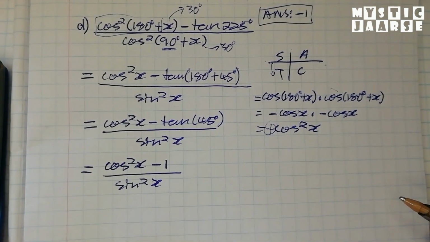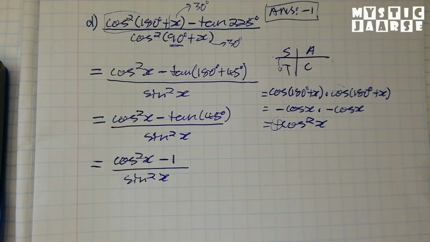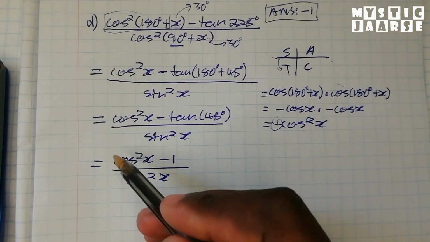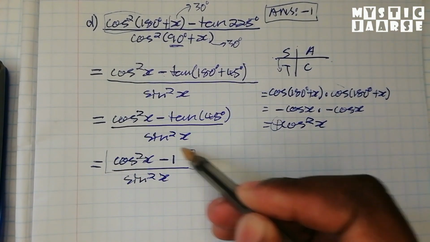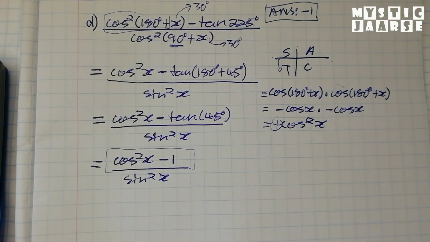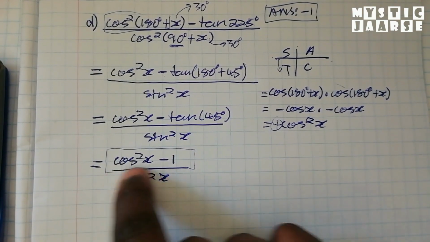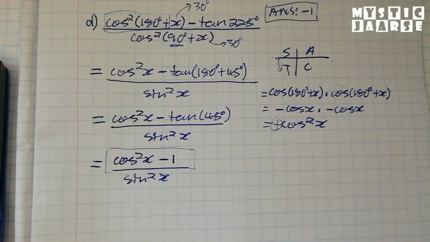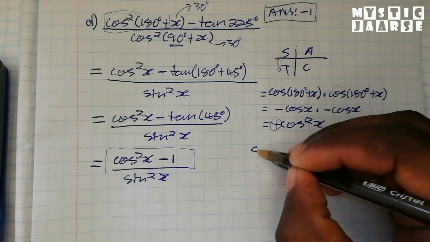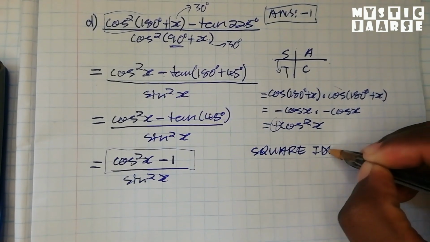Now again, if you have practiced trigonometry enough, your brain can tell you that you have seen this before, even though it is not in the same order, because you are used to having 1 on this side. Now you need to go to your square identity.